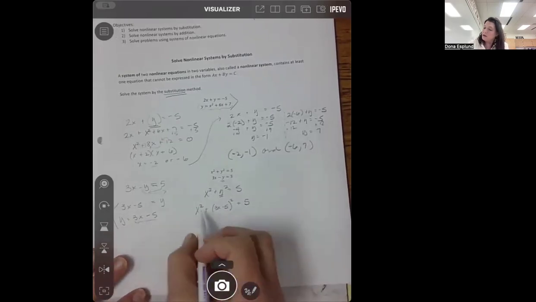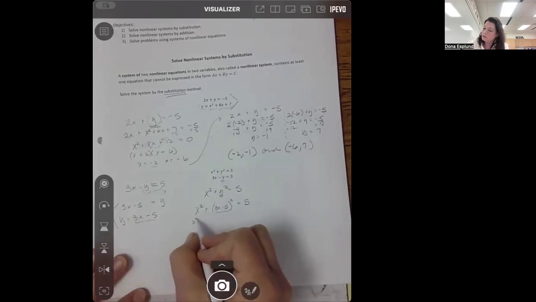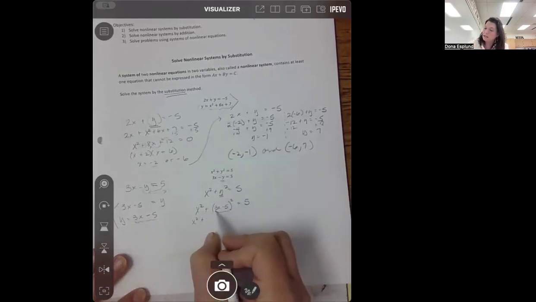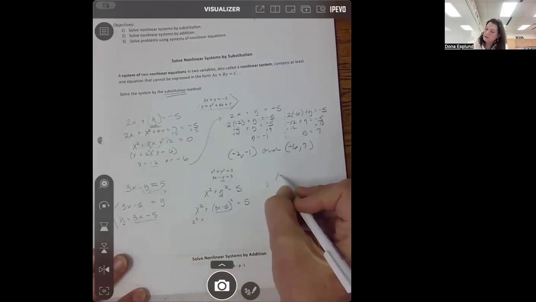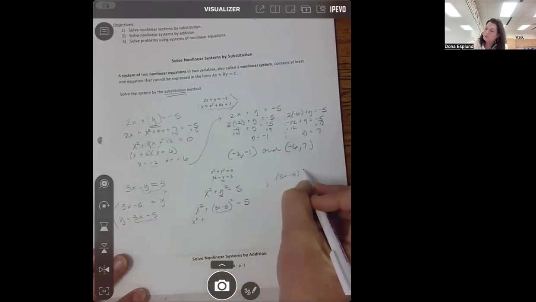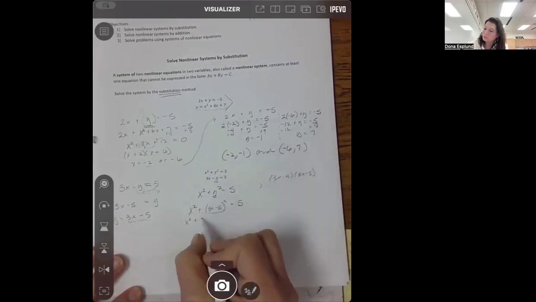Once I get it to here, I need to expand this out a little bit. So x squared is dropping down plus 3x minus 5 times 3x minus 5. Over here to the side, if you want, write it out and then FOIL it. So 3x times 3x would be 9x squared.